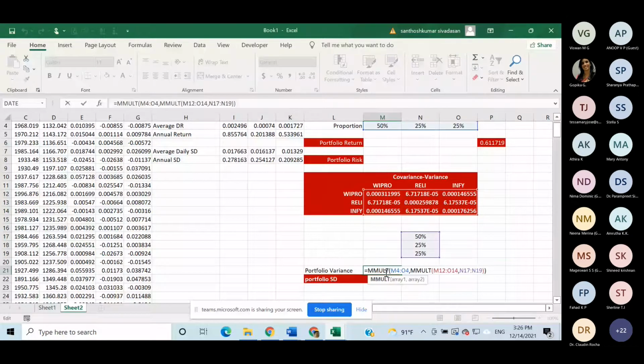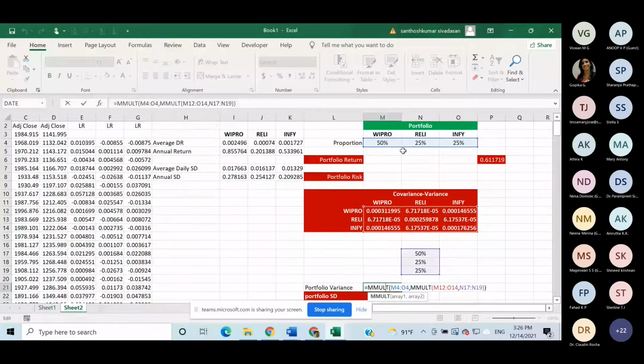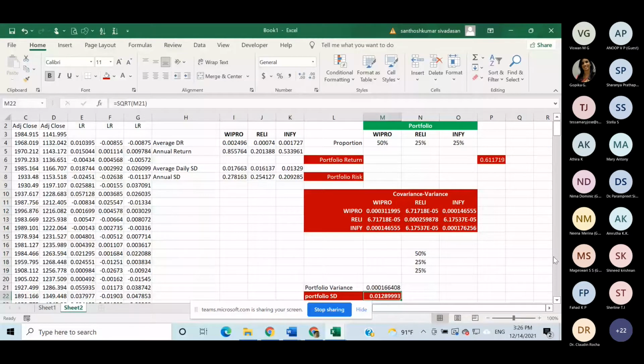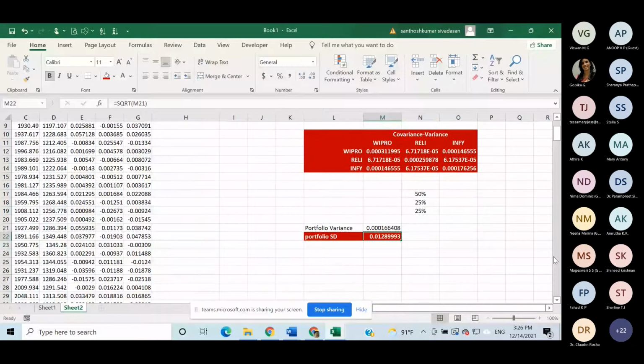I have multiplied this matrix with the product of this matrix and this matrix. It will give you the portfolio variance. From the portfolio variance, you find the portfolio standard deviation by taking the square root of the portfolio variance.